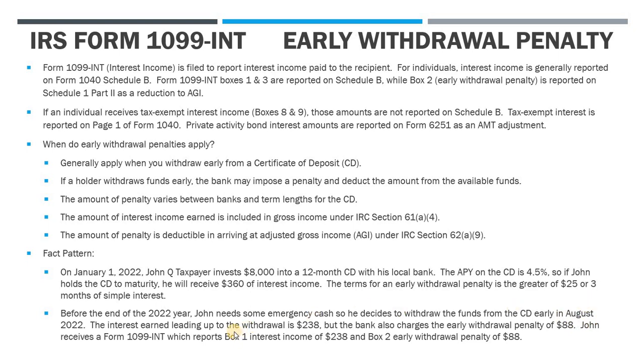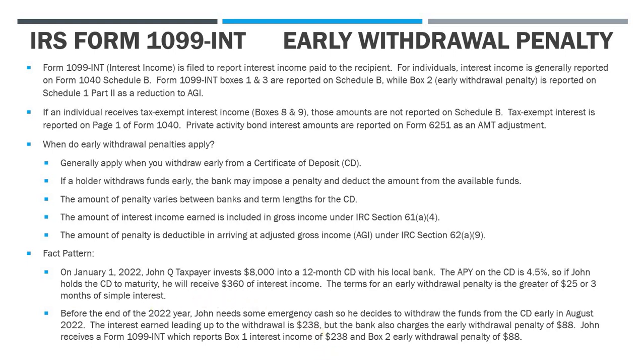The amount of interest that had accrued on the CD leading up to the withdrawal is $238. But because he withdrew early, the bank charged an early withdrawal penalty, and the amount that they computed was $88. So he gets a 1099-INT with all these amounts.